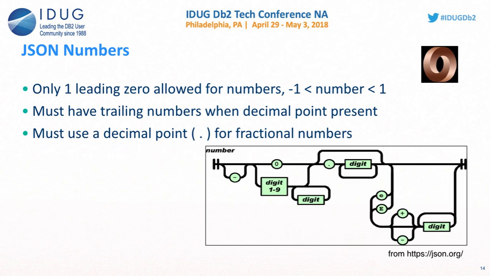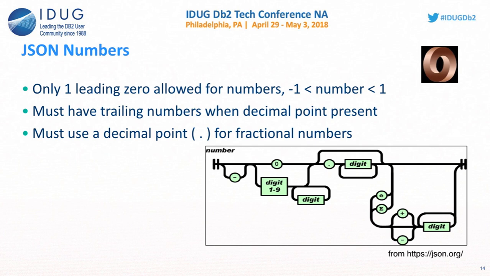Numbers are very picky. You have a specific format for how the numbers are put together. So you only get one leading 0, which, if you've ever used the character function on a decimal field in DB2, you know you're in trouble, because it likes to put lots of zeros in front of that. And that's part of the next part of the presentation.